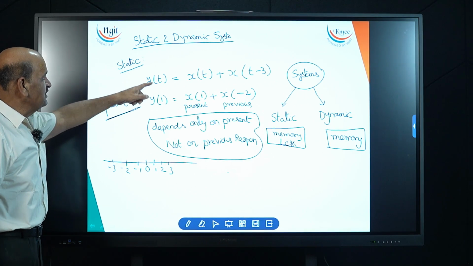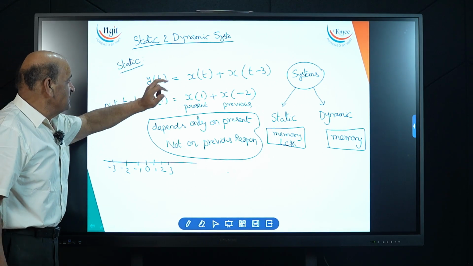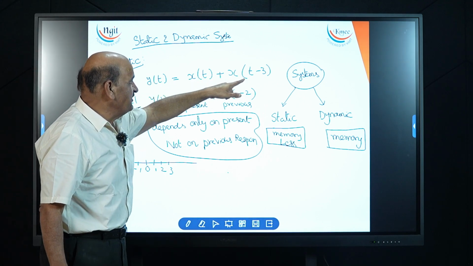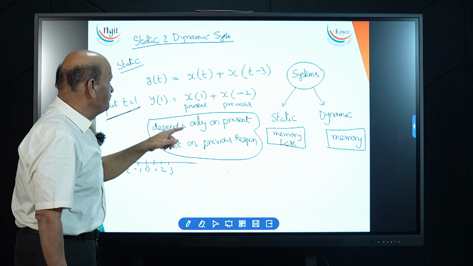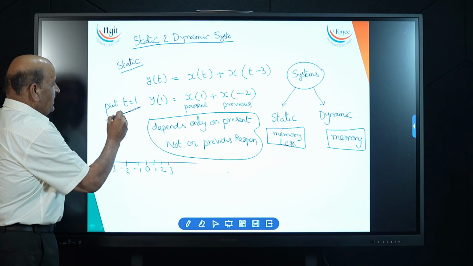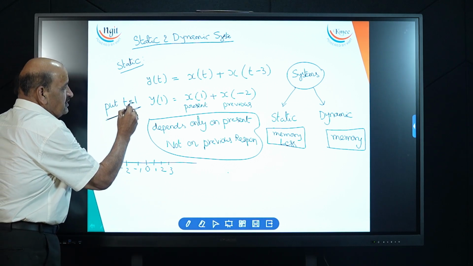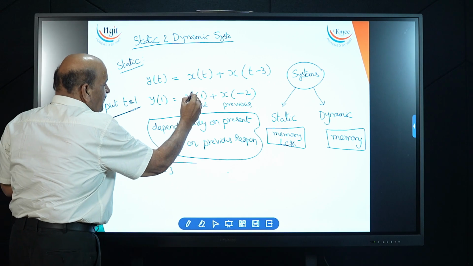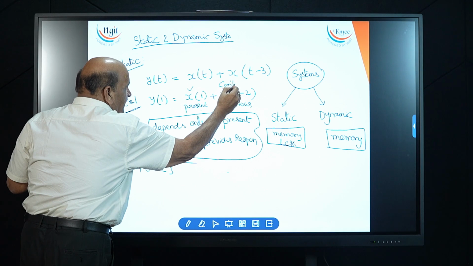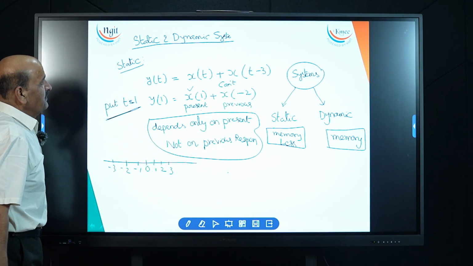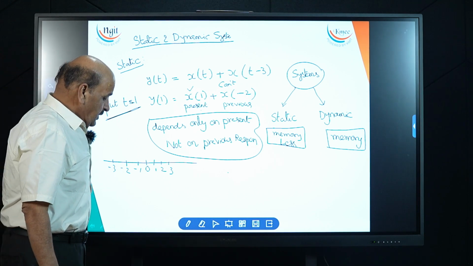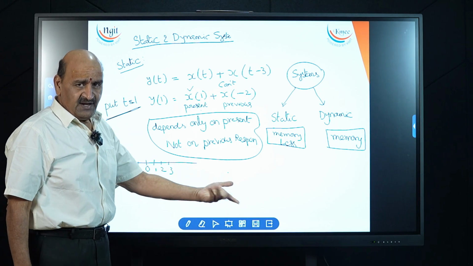What is the example of a static system? y(t) = x(t) + x(t-3), like that. Here, substituting t = 1, it collects the present value, but it can't get the previous value. So that is the example of a static system. Now we are continuing the same in the next session. Thank you.